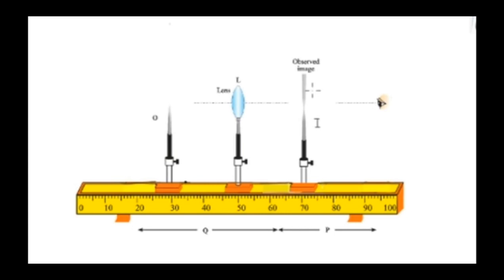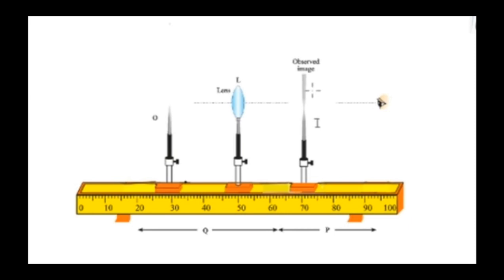The distance between the object needle and the lens will be adjusted according to the approximate focal length. Let's suppose the approximate focal length of our convex lens is 10. So we'll place the object about 20 centimeters from the lens. 20 centimeters is double of 10, the approximate focal length.